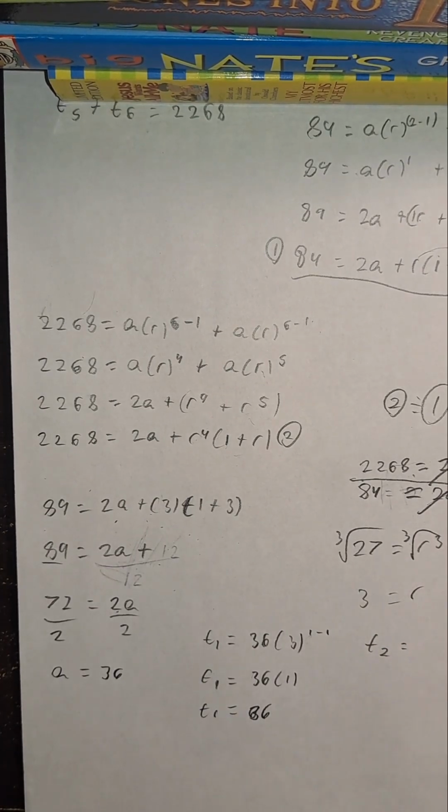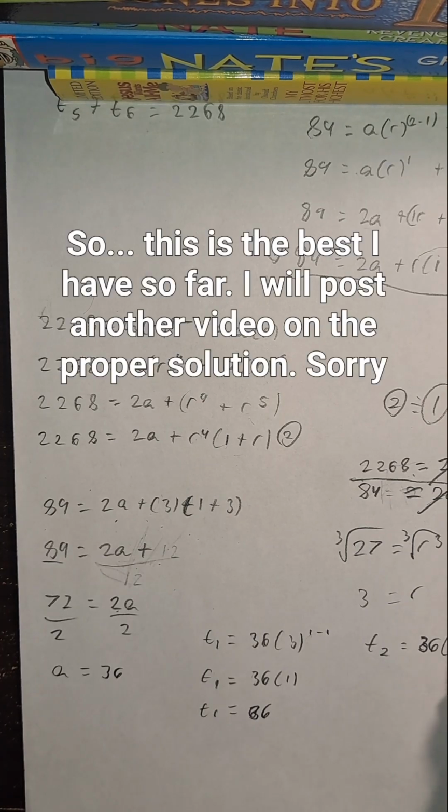t2 is going to be equal to 36, I'm suspecting that I did this wrong, which is unfortunate, times 3 to the power of 2 minus 1.